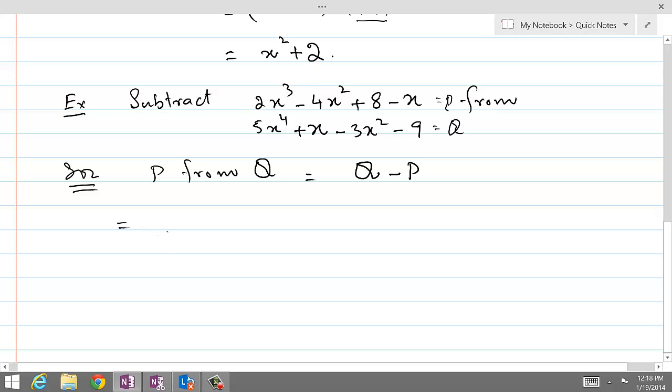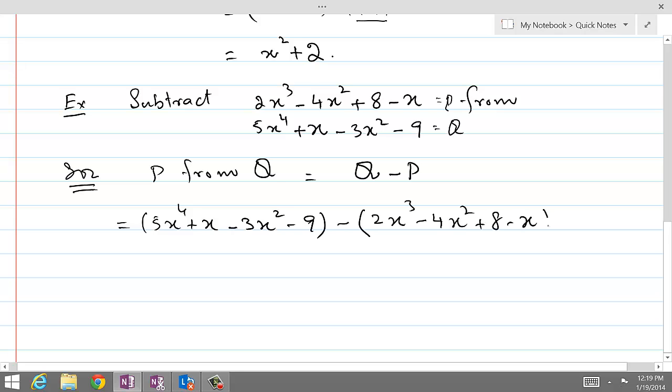Q is 5x4 plus x minus 3x square minus 9, and then minus P, where P is 2x cube minus 4x square plus 8 minus x.